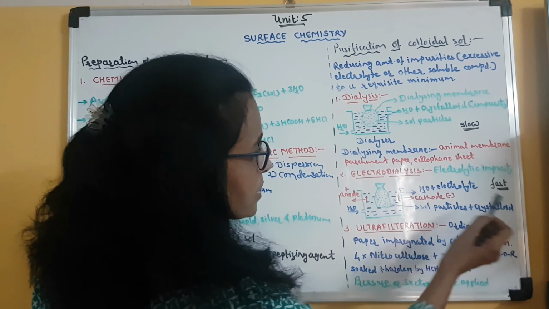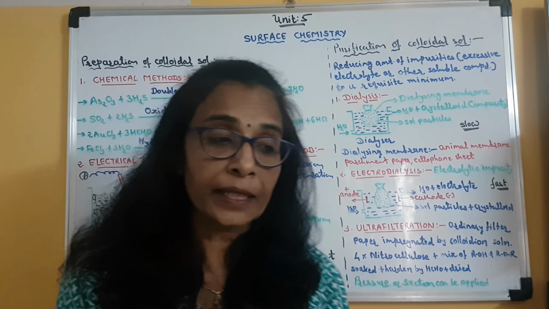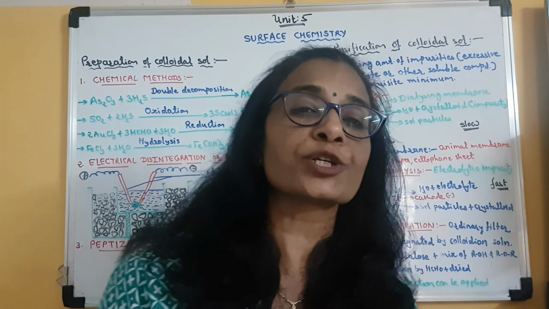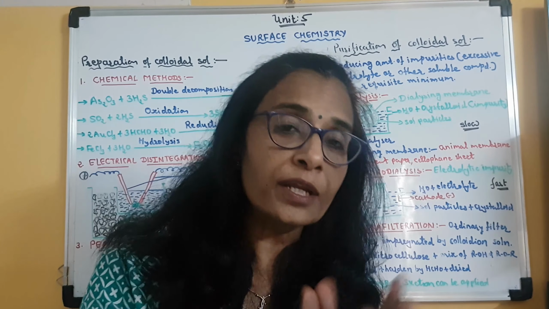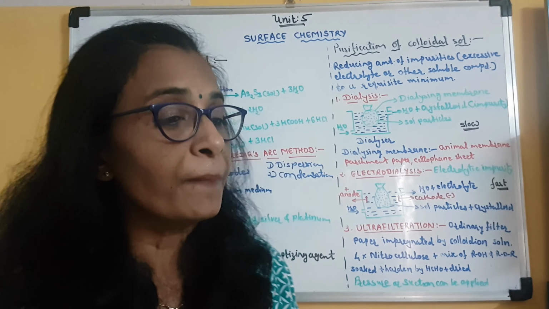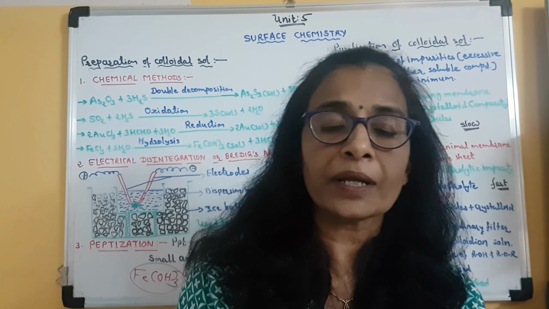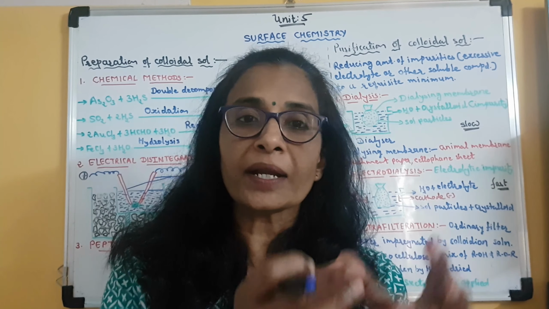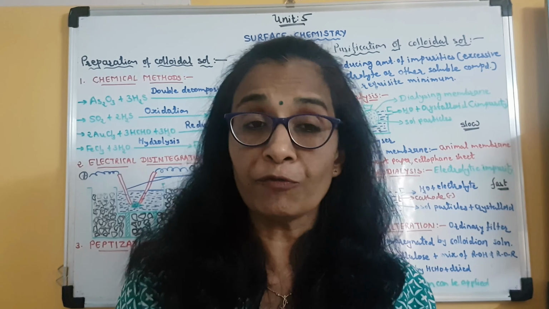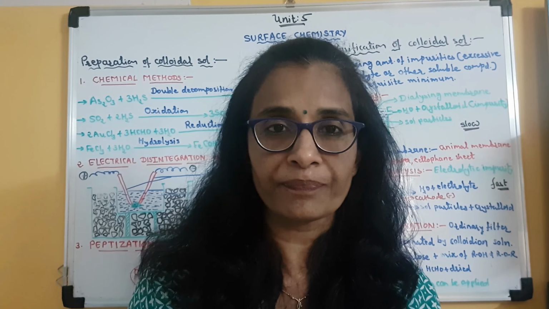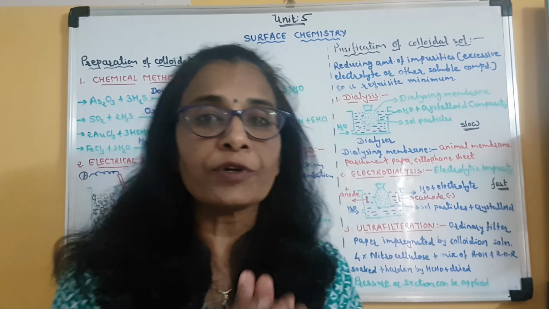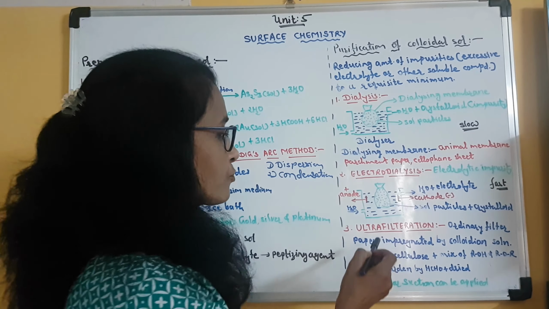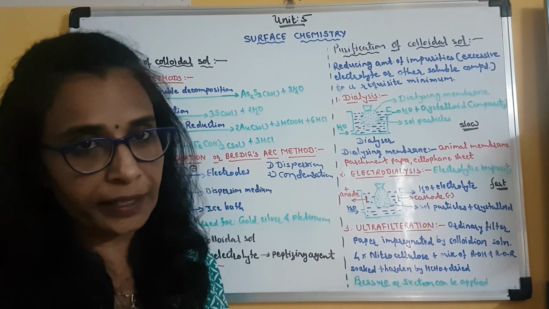Ultrafiltration. The word filtration we have used. In the chemistry lab we carry out filtration many times using ordinary filter paper. But ordinary filter paper has larger pore size, so colloidal particles can pass through it and filtration cannot be carried out. So ordinary filter paper cannot be used for the ultrafiltration technique.